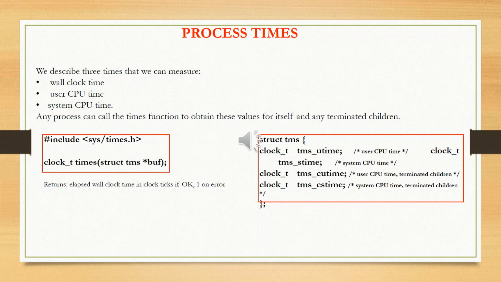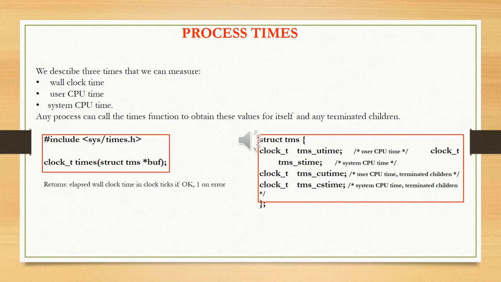For that, we can call the function called times that takes a structure variable with the corresponding pointer or reference. Here this function returns elapsed wall clock time in clock ticks if it is okay, otherwise it generates an error with a constant value.